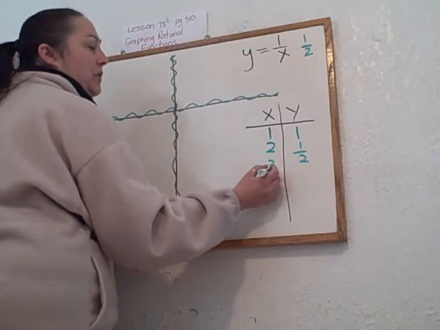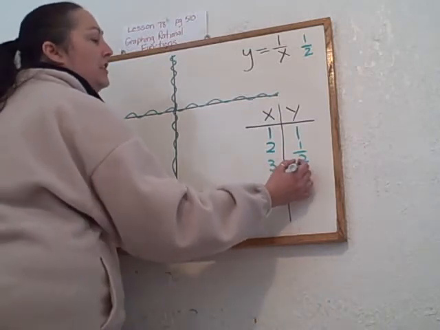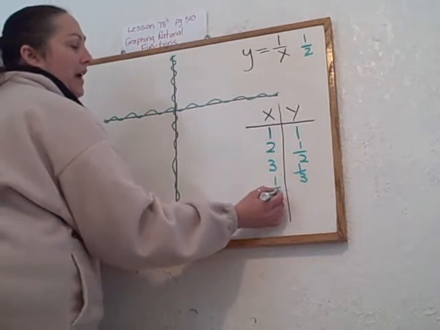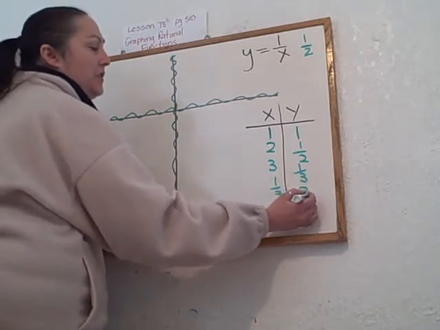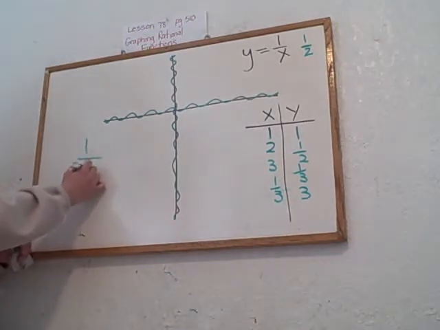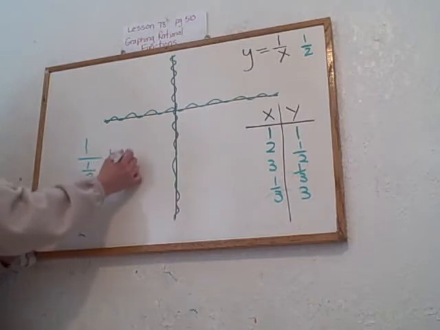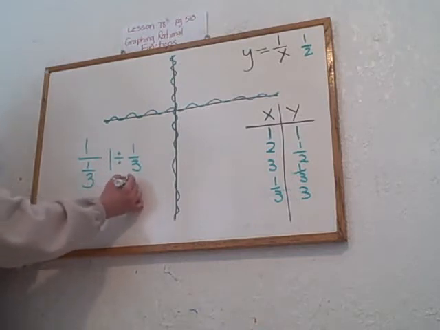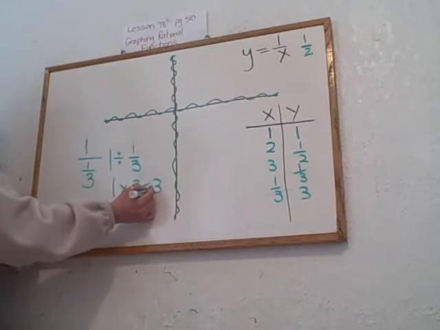If x is equal to 3, then this would equal 1/3. Now, if x is equal to the fraction 1/3, then y is going to equal 3, because what I have is 1 over 1/3, which is 1 divided by 1/3. Skip, flip, and multiply makes me go 1 times 3, which is 3.